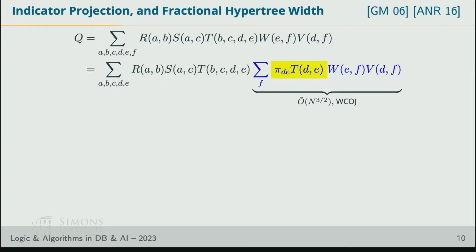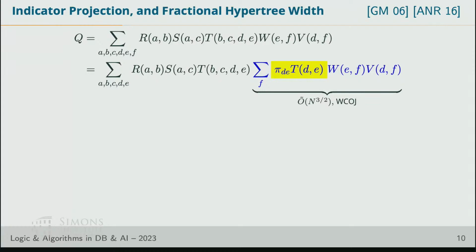However, we can introduce the following idea. If you look at this, there's actually a factor, over B, C, D, E, that depends on E and D. So it's this little subproblem. If we didn't have this factor, this subproblem would take quadratic time, because for one single F, you could have n different Es and n different Ds. So if you want to iterate over the answer, you will pay quadratic time for that.